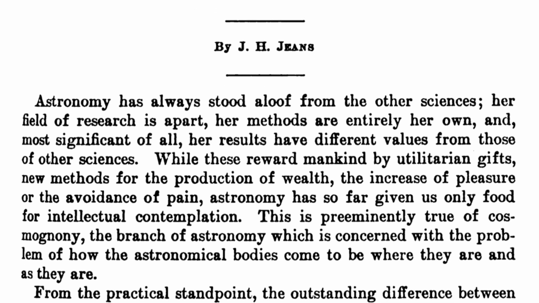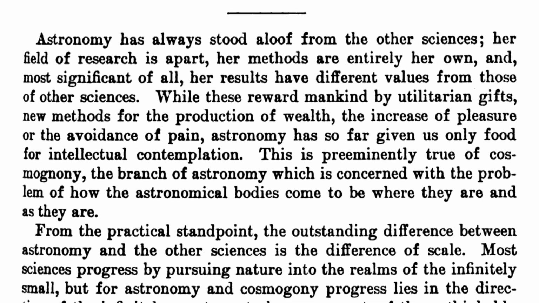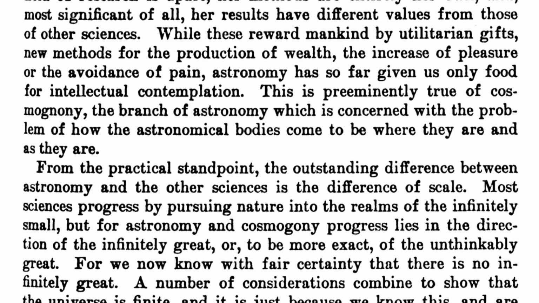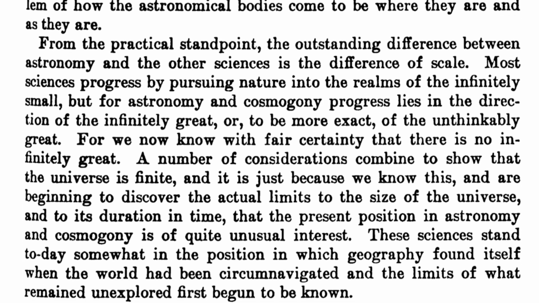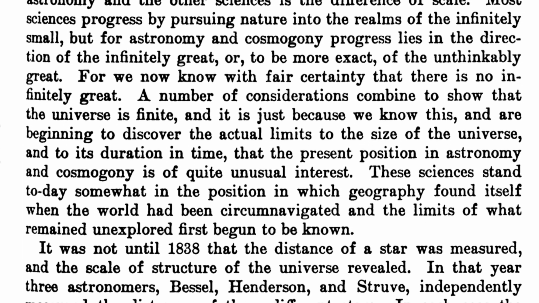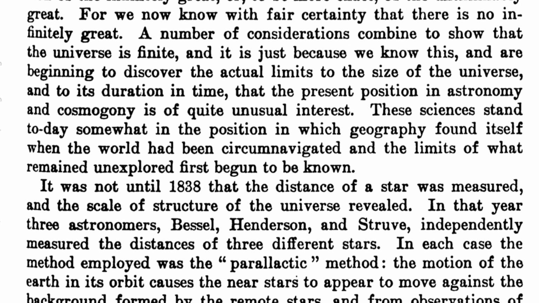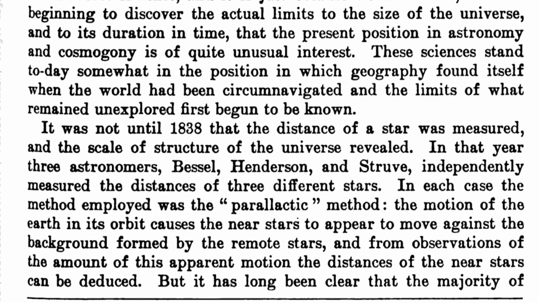For example, the famous English astronomer James Jeans, in his article The New Outlook in Cosmology, claimed that the entire universe had a radius of about 4 million light-years and ended somewhere beyond the Andromeda Nebula. In considering the boundaries of the universe, Jeans relied on two fundamental arguments: Olbers' paradox and the gravitational paradox.